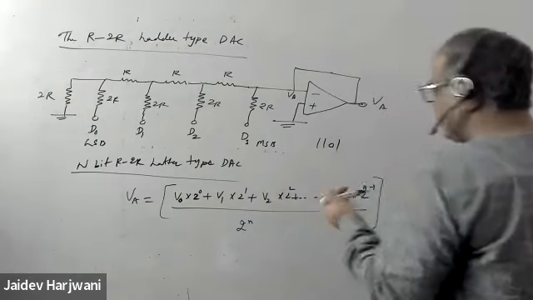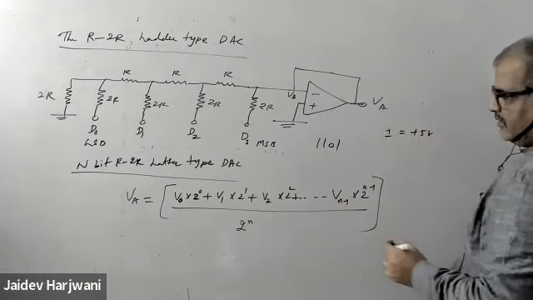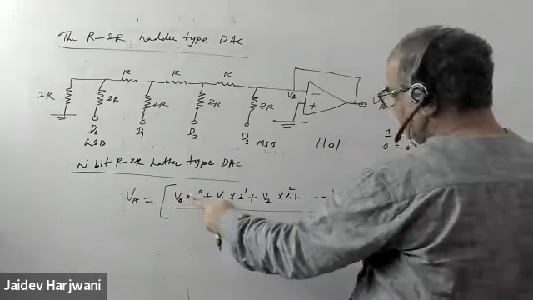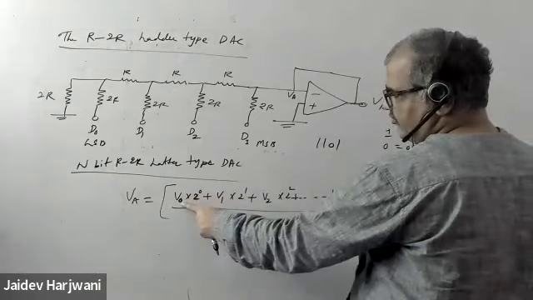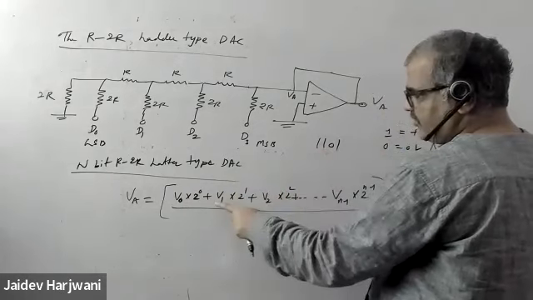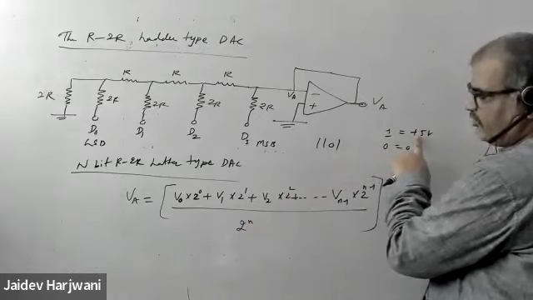Now you should know what is the value of 1. Suppose the value of 1 is 5 volts and the value of 0 is 0 volts. So wherever 1 is coming, you can write here 5 volts, 2 power 0. Where V1 is 0, you multiply 0 into 2 power 1. Where V2 is 1, meaning high voltage, you put 5 volts.